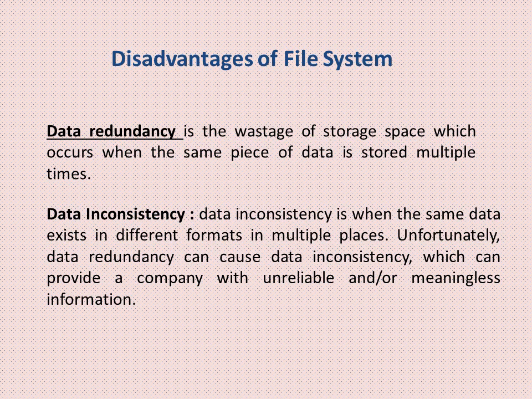It may happen that at these two places the details of the student are stored differently, and that will result in data inconsistency. Unfortunately, data redundancy can also cause data inconsistency, which can provide a company with unreliable or meaningless information.